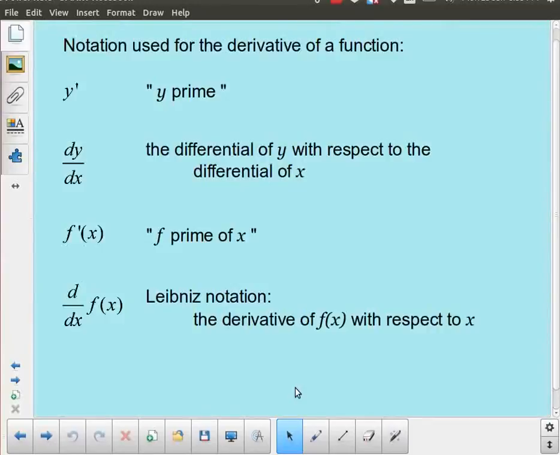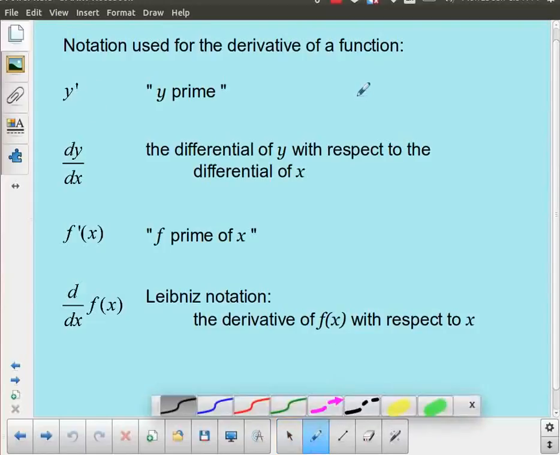Now before we actually dive into them, a couple of side notes that I want to make very quickly. There are different notations that you may see for derivatives. So I wish I'd put this first. F prime of x is going to be the one that we focus on, but this prime notation is also going to appear sometimes if we've got the function just written in terms of y.